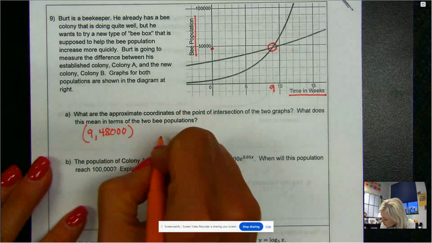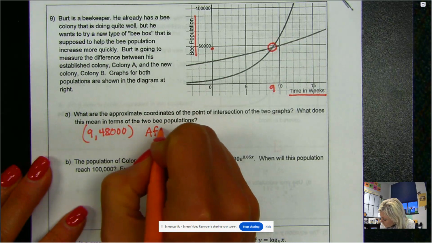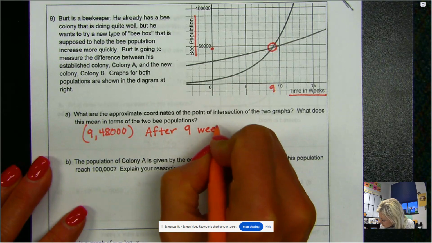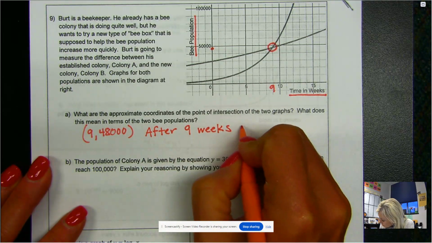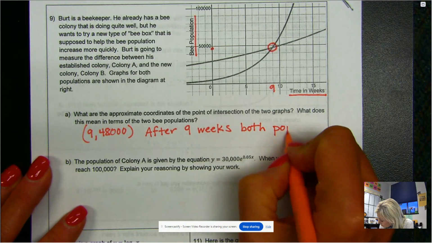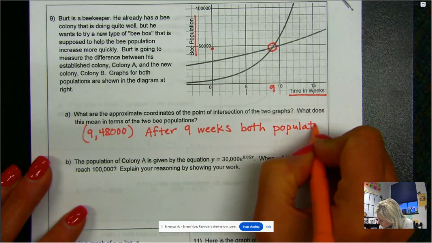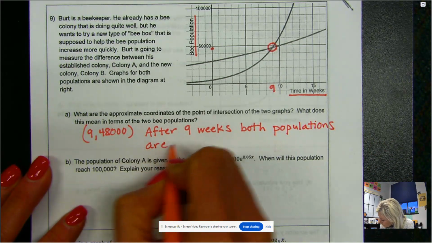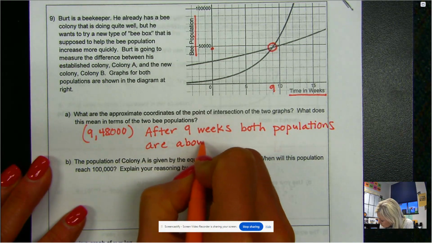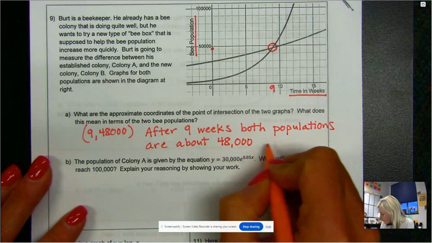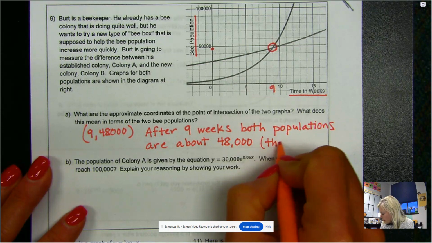So I'm going to say after 9 weeks, both populations are about 48,000, meaning they are the same.